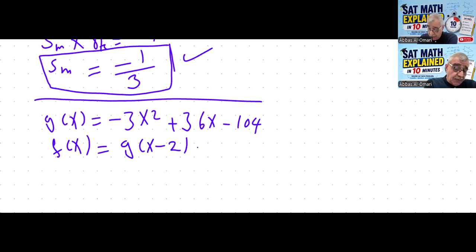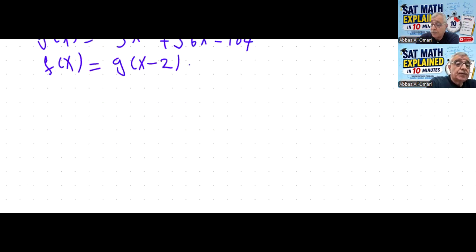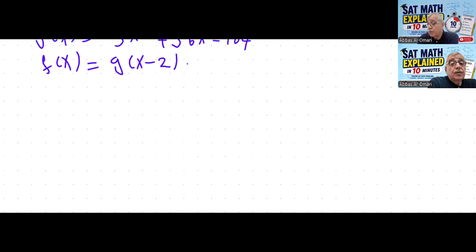At which x does f of x reach its maximum? So the question: at which x does f of x reach its maximum?